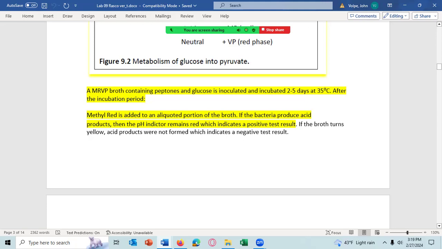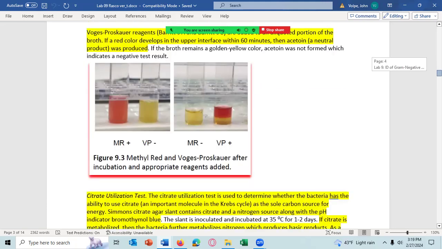Let me go and show you a result. There's the MR test after you added methyl red, and it's red, so that's MR positive. There's a methyl red test after you've added MR, and you'll notice the MR turn yellow. And usually that color change happens immediately. And so that's MR negative. Any questions about the MR test?